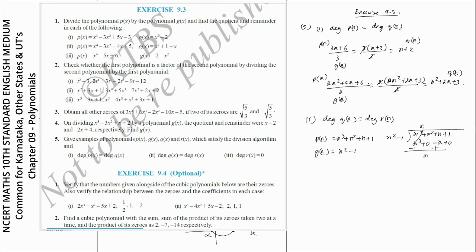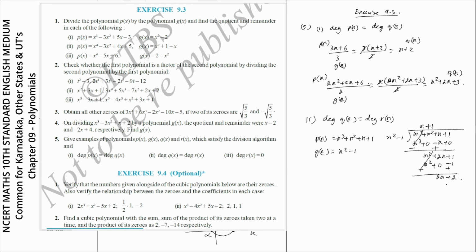I'll get x square plus 2x plus 1. Now again if I multiply by 1, so 1 into x square is x square, then 1 into minus 1 is minus 1. Now change the sign, I'll put 0 here, change the signs, so I'll get 2x plus 2.